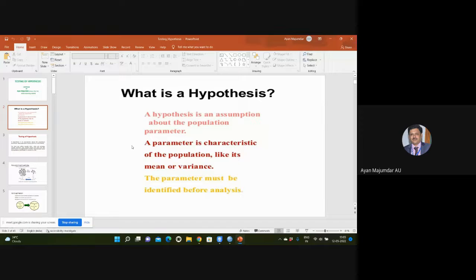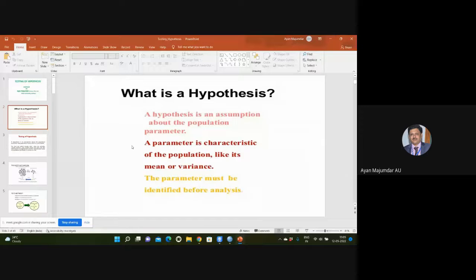In simple terms, a hypothesis is any idea that can be tested based on evidence. Say, for example, we say cigarette smoking will lead to lung cancer. Now, this is a hypothesis. Whether smoking will lead to lung cancer or not needs to be tested.